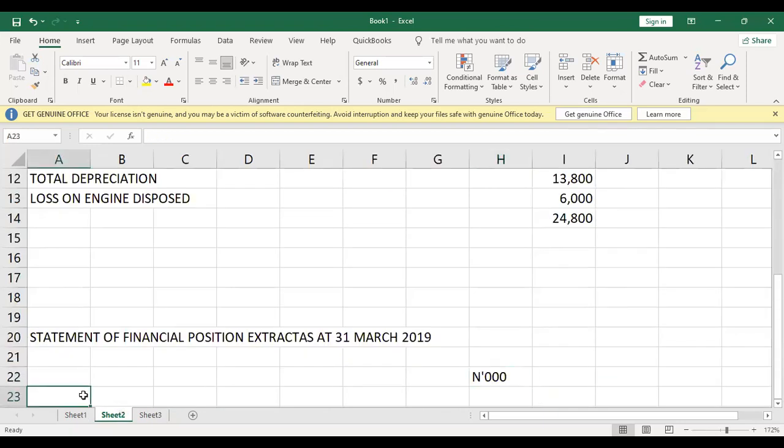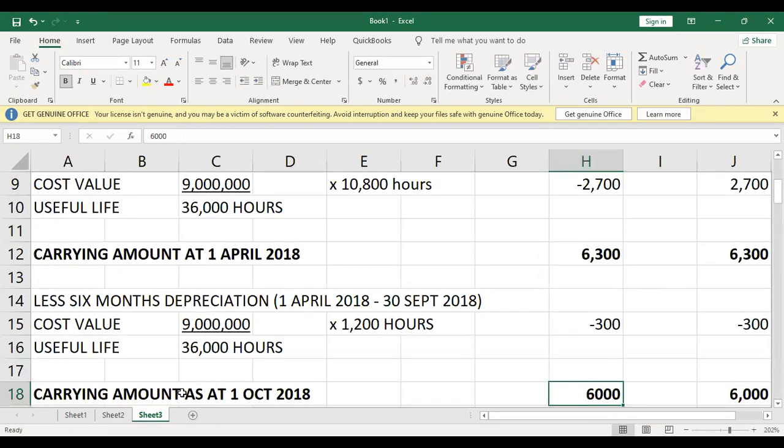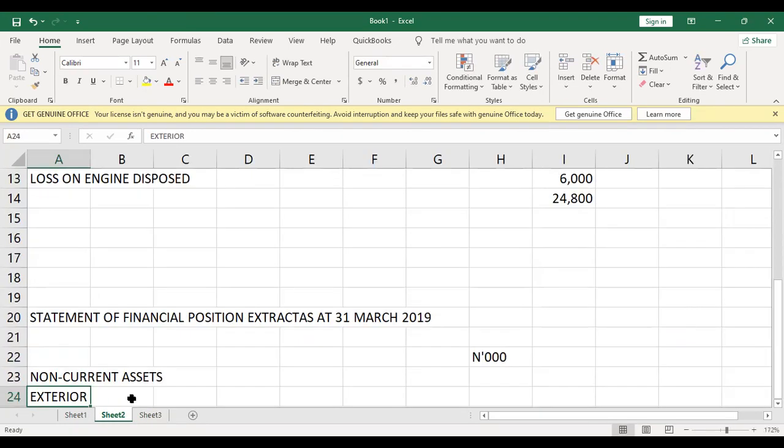So we start with non-current assets. We have exterior. This is where all our carrying values for the period are going to be shown.